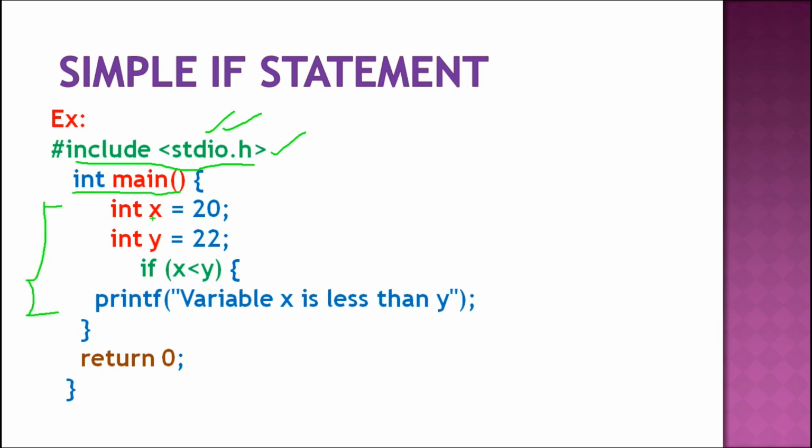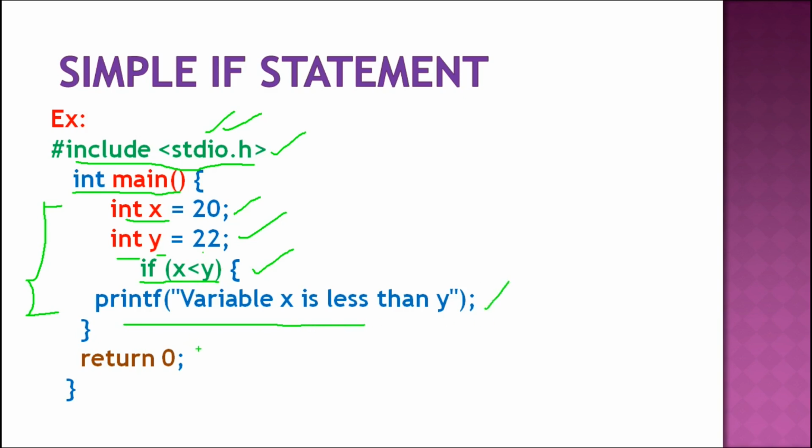Here we have an integer x, assigned the value 20, and an integer y variable, assigned the value 22. In the if condition, if x is less than y, then it prints "variable x is less than y".